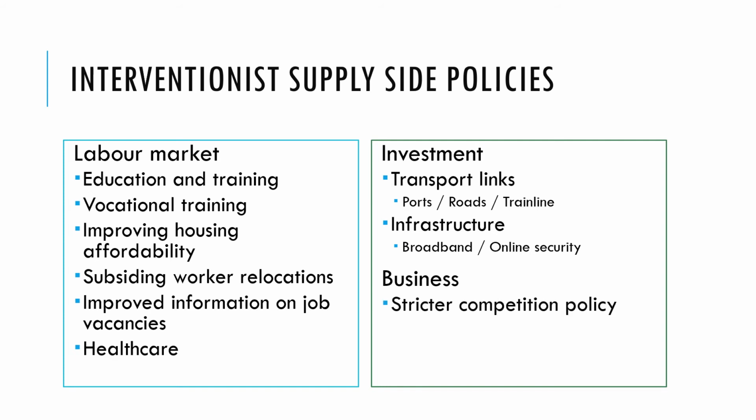Under the category of business, governments could try and encourage more competition through trying to avoid the situation where there are monopolies within markets. Governments may provide businesses with subsidies to try and encourage them to increase their scale of production as well.